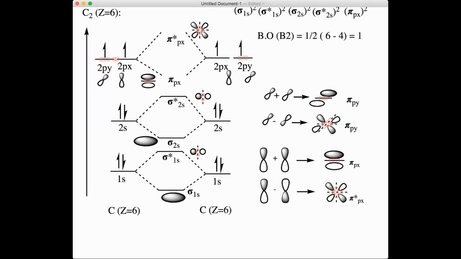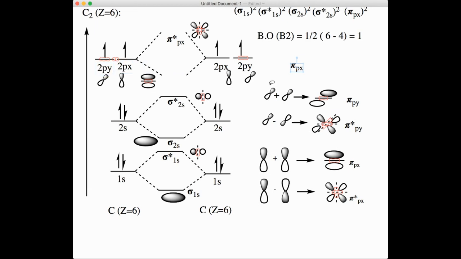Okay, so that would be a pi star py. Okay. So combining in phase 2px leads to 2 pi px, one bonding, one anti-bonding.